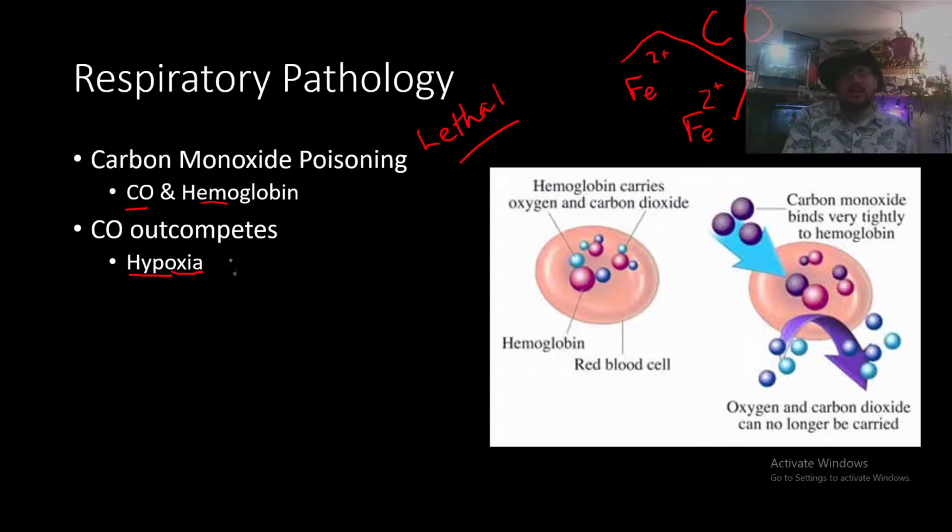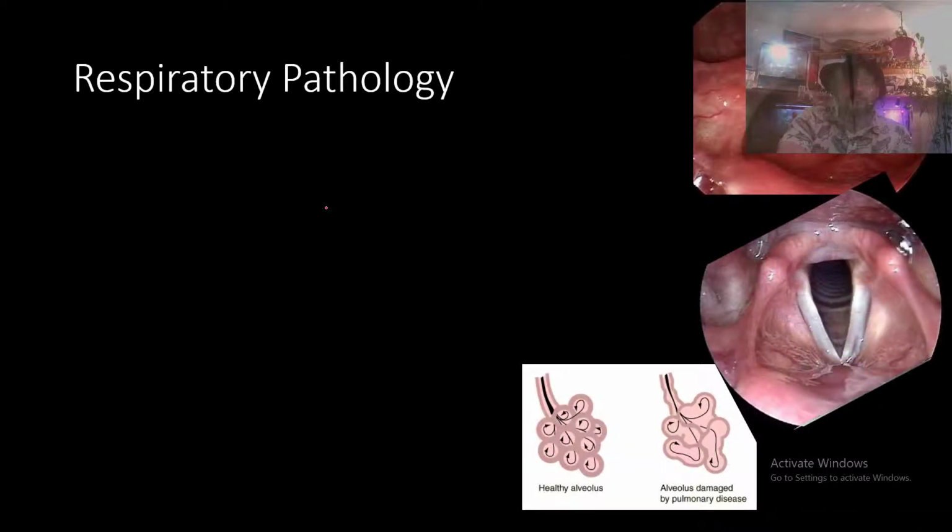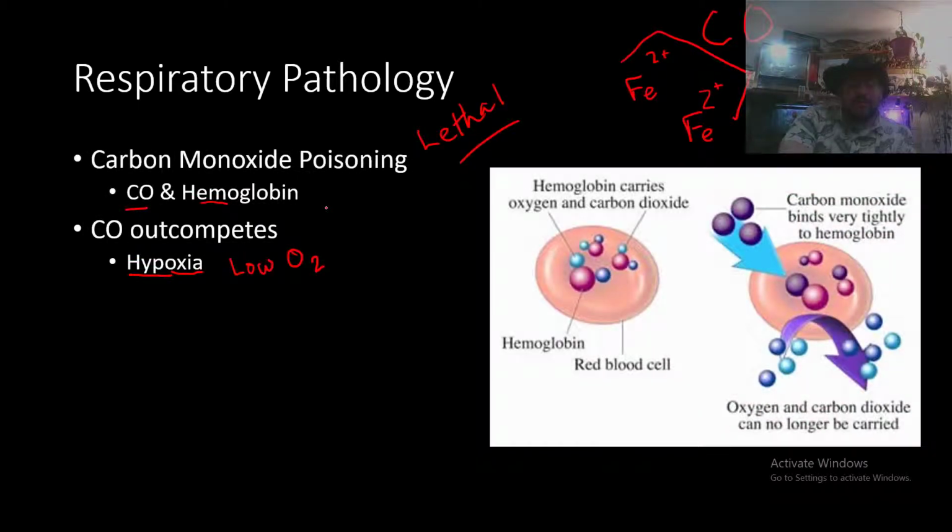Hypoxia is dangerously low O2. So when you are hypoxic, you are not getting enough oxygen. Carbon monoxide can induce hypoxia at the right concentrations pretty fast. You can die from high carbon monoxide concentrations in the air very quickly. So, very dangerous.